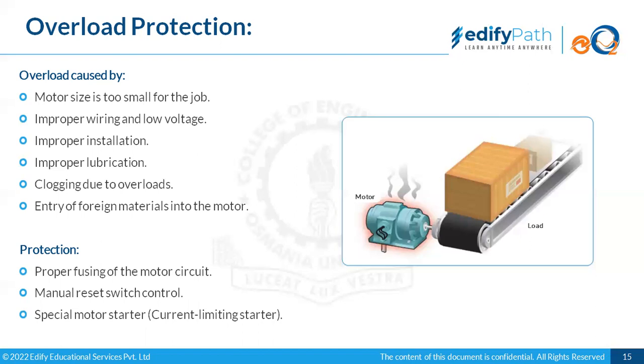They start becoming weak, the insulation could heat up, and a condition could occur where the insulation goes away, there could be a short circuit, and we can lose the winding of the motor. So every time it has to be taken care of that we don't overload the motor.